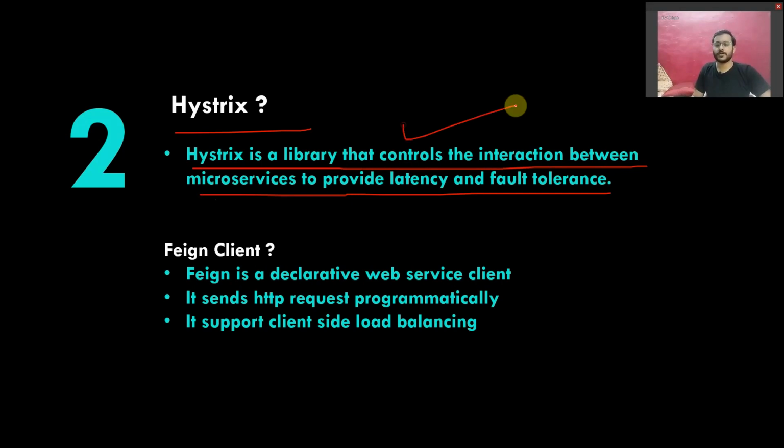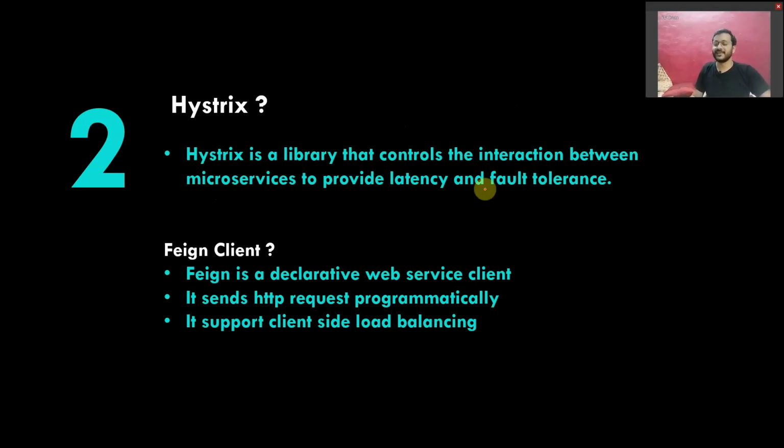You can take this for definition purposes. And what is a Feign client here? It is a declarative web client helping to send HTTP requests, and it also supports client-side load balancing. If we are using this Feign client, we need not worry about client-side load balancing. Spring Boot takes care of that.